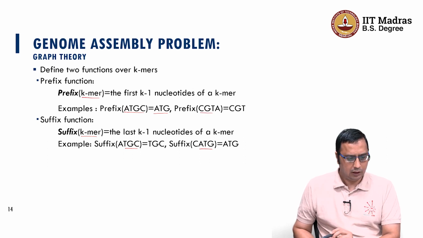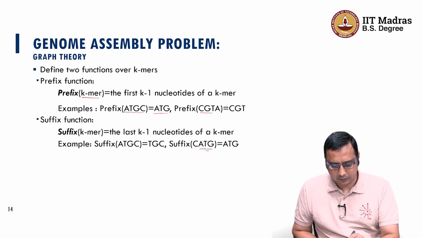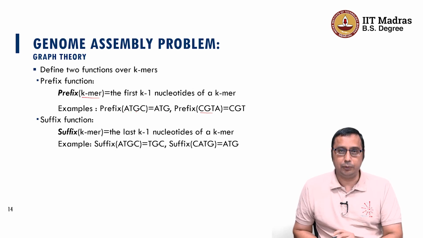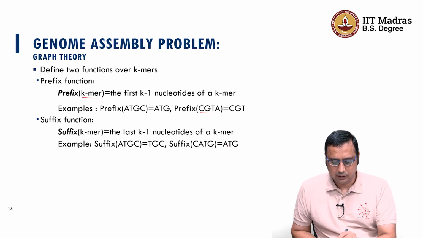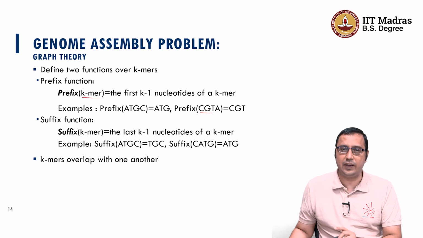Now, there is an interesting concept emerging here. Can you see it? The k-mers overlap with one another, and that has an interesting aspect when we look at the prefix and suffix.